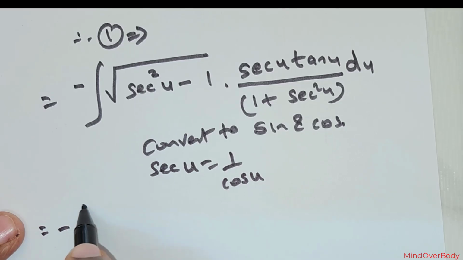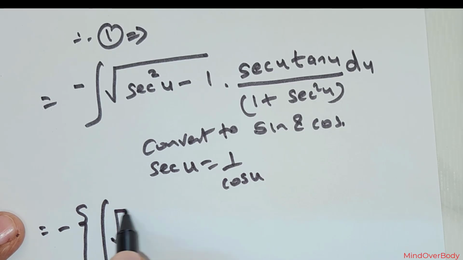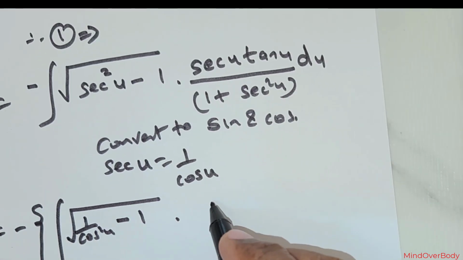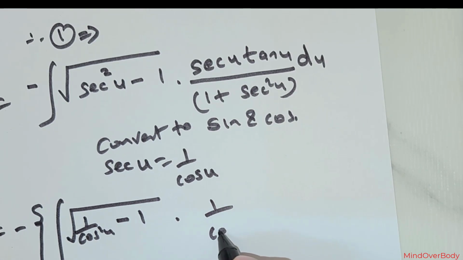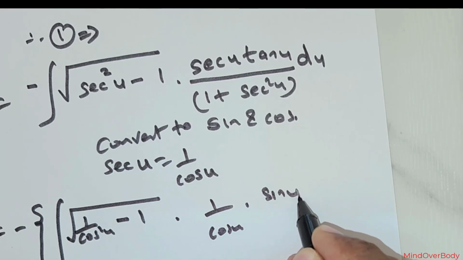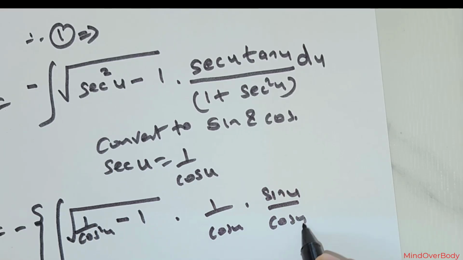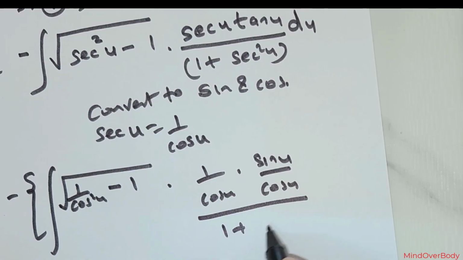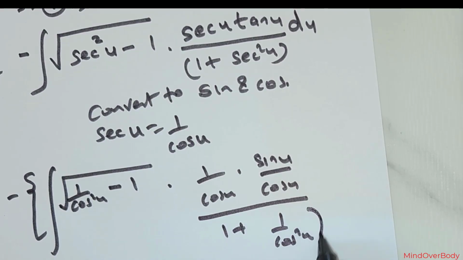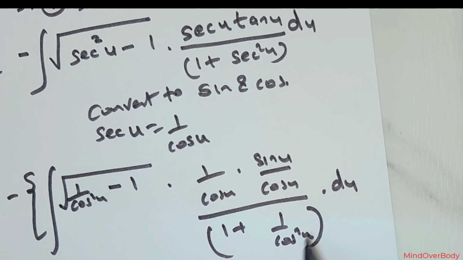So this is going to be equal to negative of the integral of root of 1 over cos squared u minus 1, multiplied with 1 over cos u times sin u over cos u, divided by 1 plus 1 over cos squared u times du.